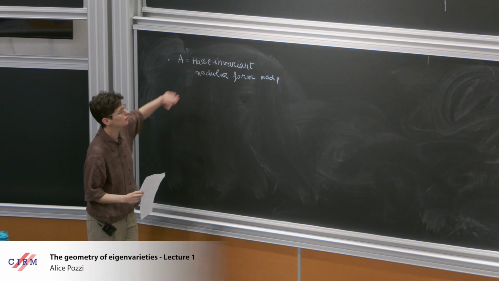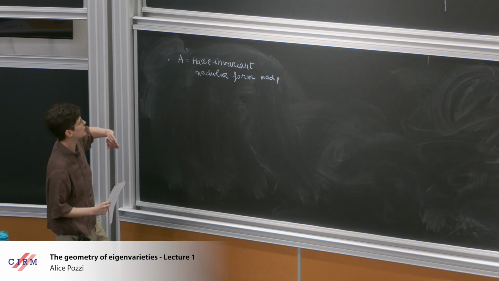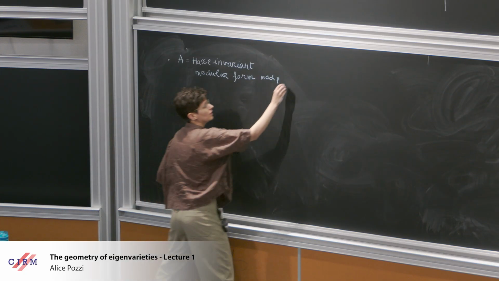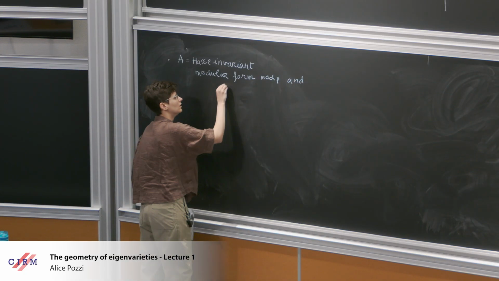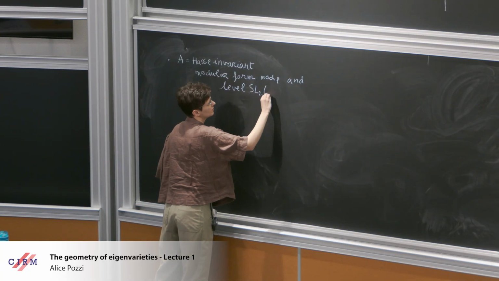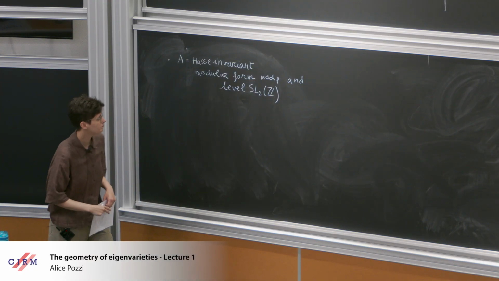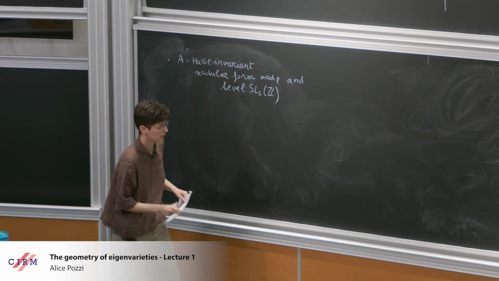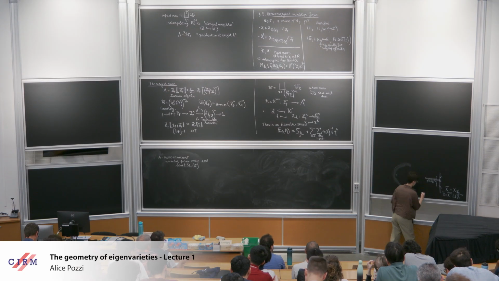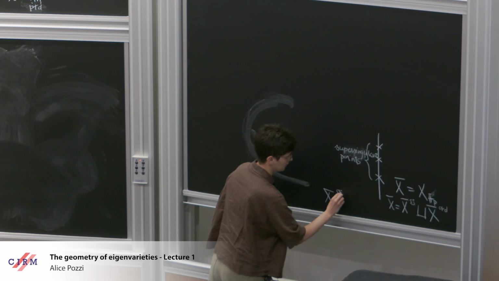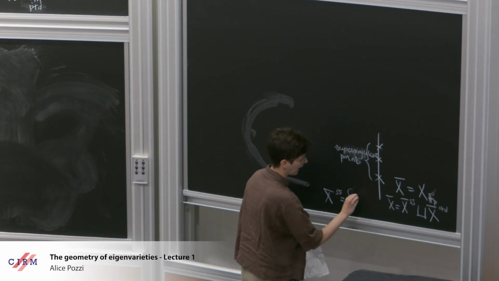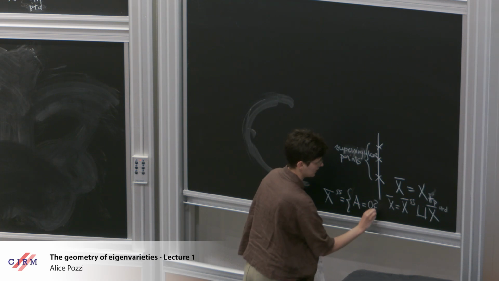But in a second, you will be able to forget about it. It's of level SO to Z, so full level, level 1. And the point is that this locus of supersingular points can be reinterpreted as the zero locus of this Hasse invariant.